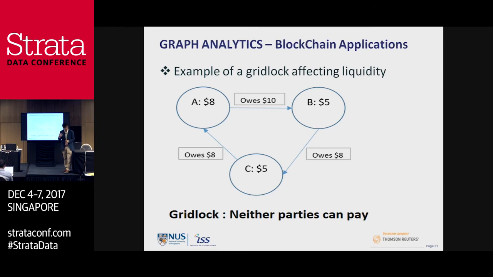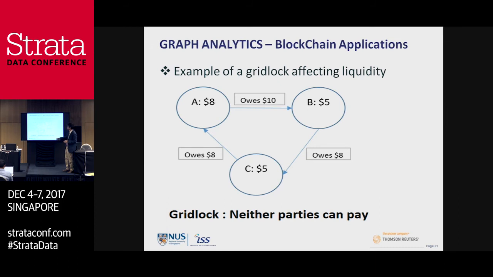They are well liquidated. They can meet their own liabilities. But for whatever reasons, because of this whole network of borrowing and lending to counterparties, they are not able to effect any payment in the network. Let's say, for example, A has $8.